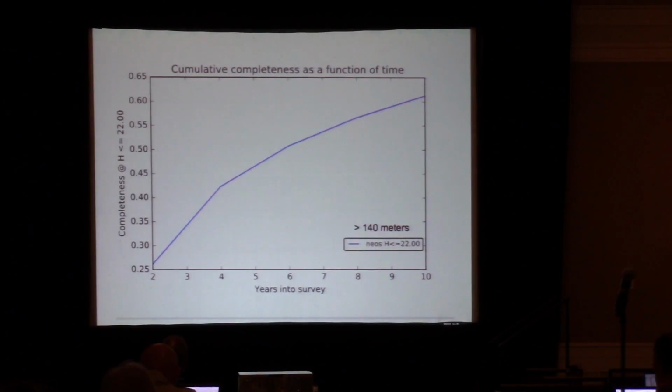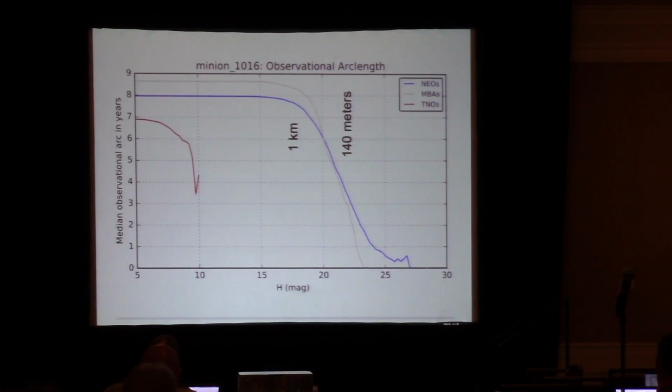This blue line shows NEOs larger than 140 meters, which is a benchmark number that I'll use several times today. Towards the beginning of the survey, the completeness is low, 25% or something, and after 10 years, the completeness is something like 60+%.